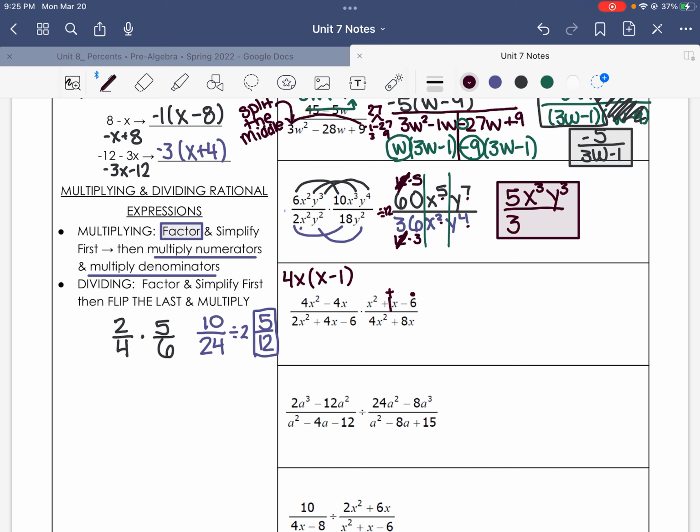Well, that'll be 3 and negative 2. So x plus 3, x minus 2. So when I go to multiply these together, all that does is it becomes 4x, x minus 1, x plus 3, x minus 2, all together in one fraction.